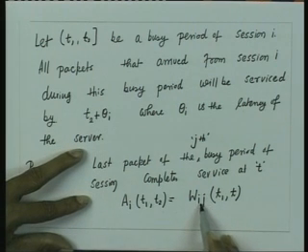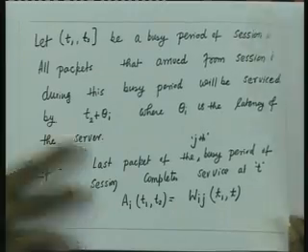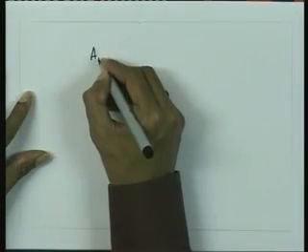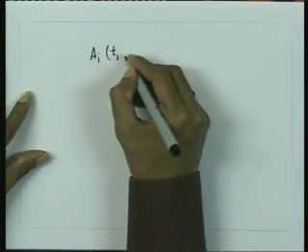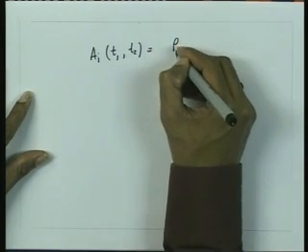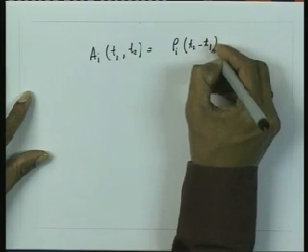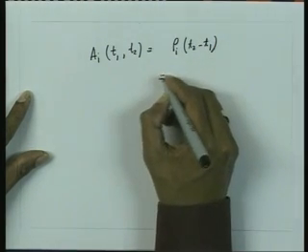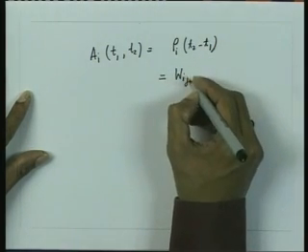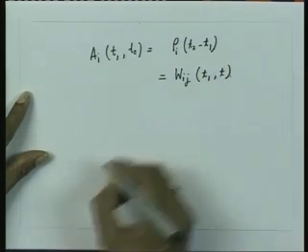Okay. So from the definition of the busy period, you know that A_I(T1, T2) is actually equal to rho I (T2 minus T1), which therefore is equal to Wij(T1, T).